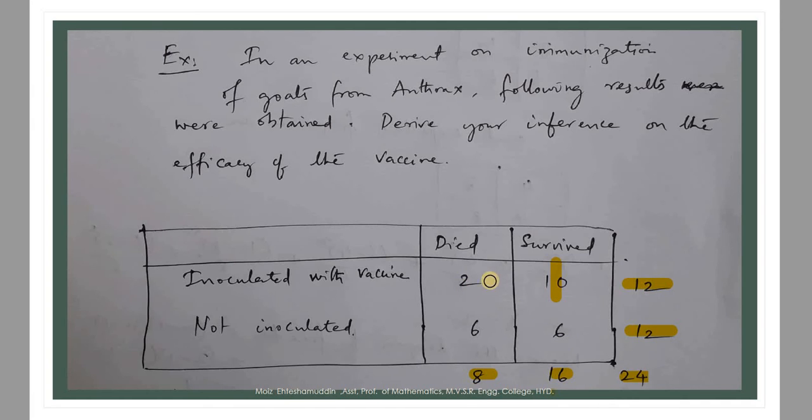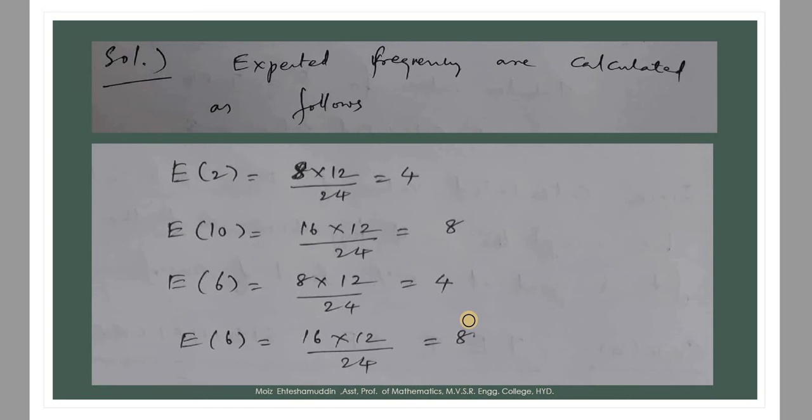Now these particular 4 cells are treated as the experimental values, or practical values. So these are observed frequencies.